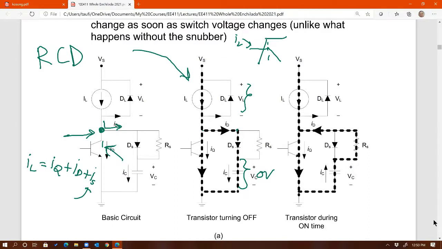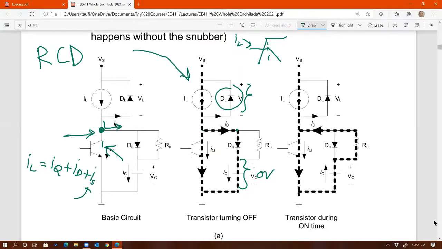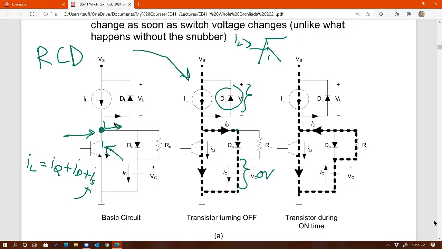Yeah, so this happens really fast. With respect to the duty cycle, this whole transition should be fast. So the amount of current being accommodated by this diode is going to be tiny before the entire current flows through this big diode. This is a big diode, a power diode. It only requires a small amount of current to make the voltage rise across the switch slower.